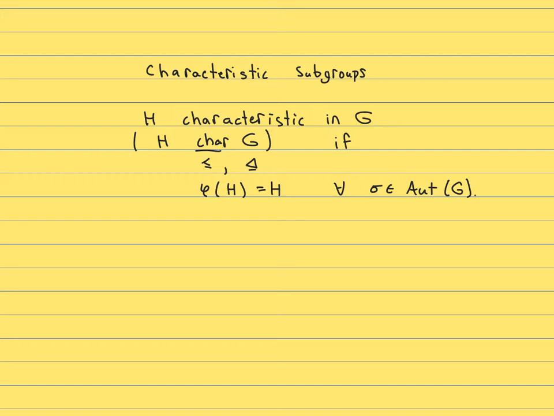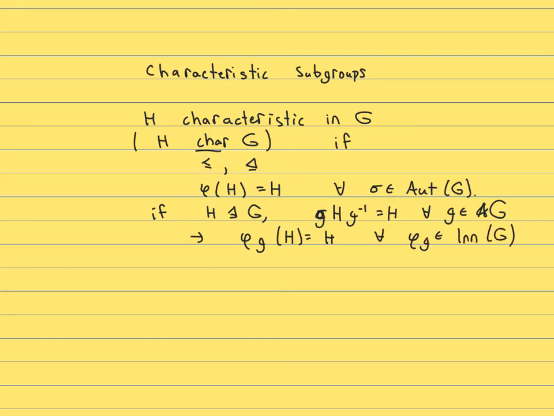So it's worth pointing out, if H was normal in G, then gHg inverse is equal to H for all g in G, which, based upon our last discussion, means that the map I've been calling phi of g of H equals H for all inner automorphisms.